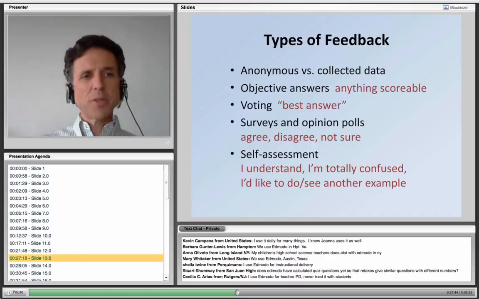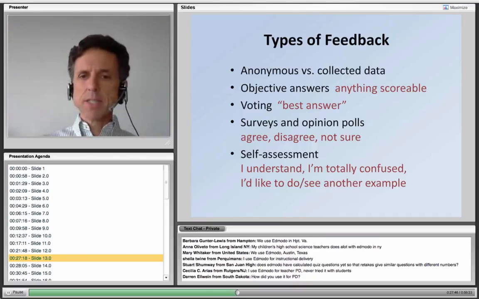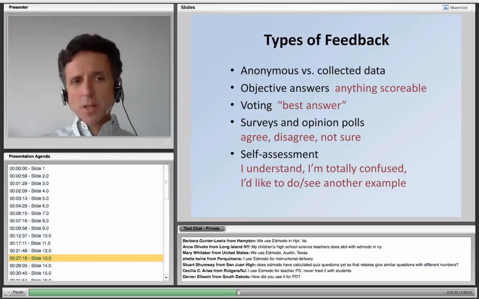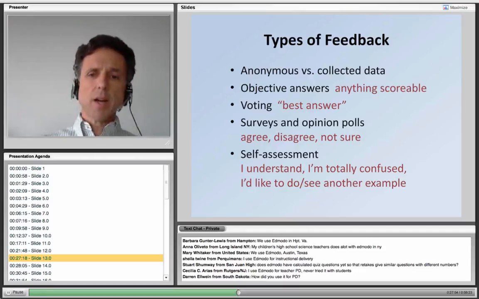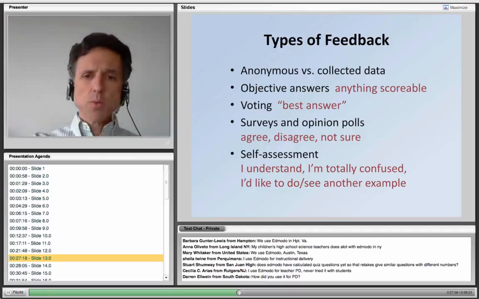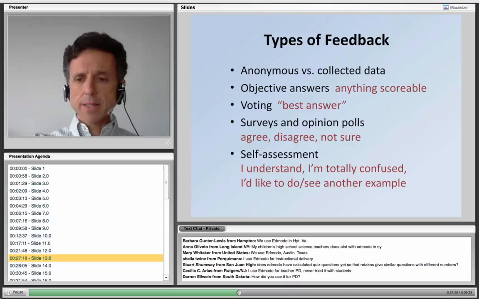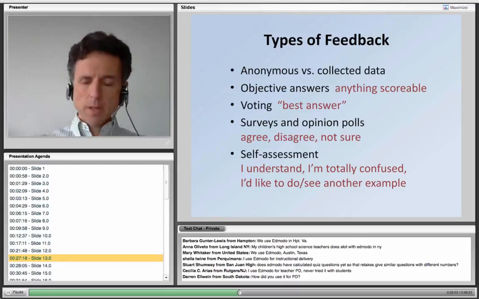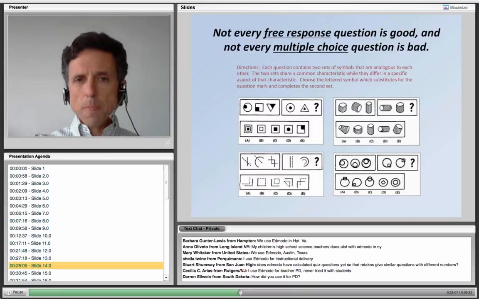Self-assessment is becoming very popular with things like exit slips. Just students basically giving the teacher some feedback: I need some more help here. And that's a very good kind of assessment. It won't be anything that I cover in this webinar, but I just want to put this slide up so everybody realizes that this topic expands quite a bit if you're interested in these other areas.